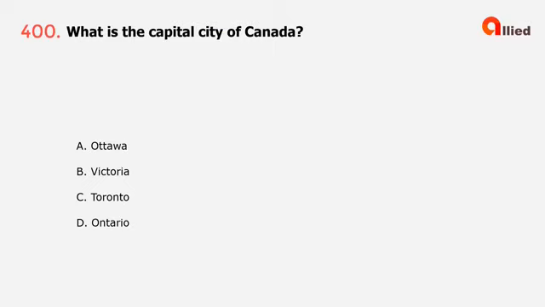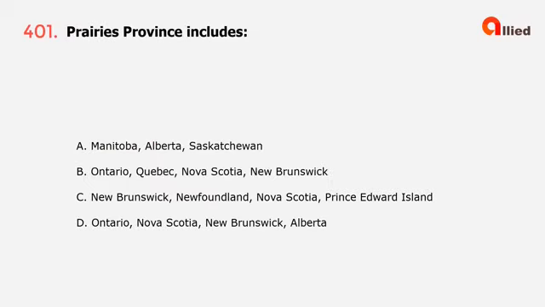Question 400. What is the capital city of Canada? A. Ottawa. B. Victoria. C. Toronto. D. Ontario. The answer is A. Ottawa. Question 401. Prairie provinces include A. Manitoba, Alberta, Saskatchewan.